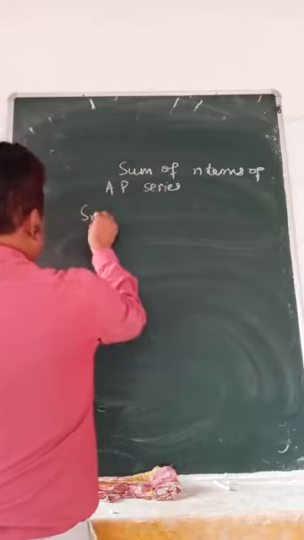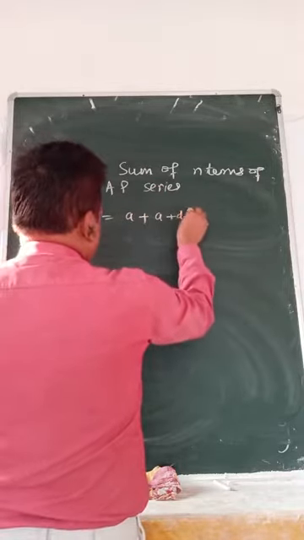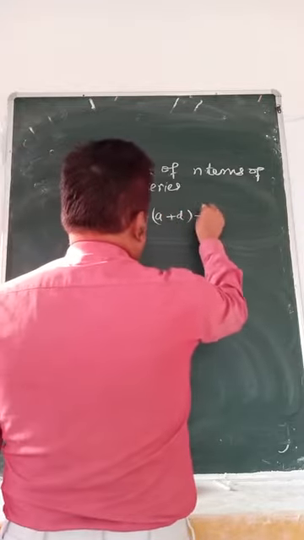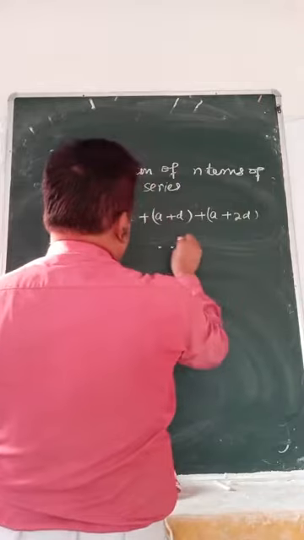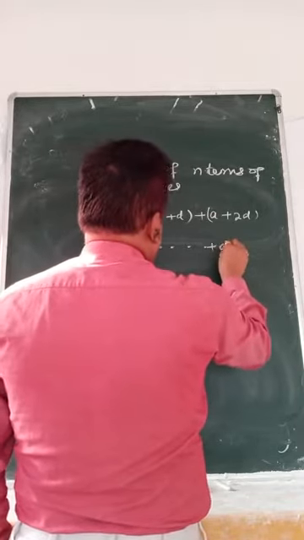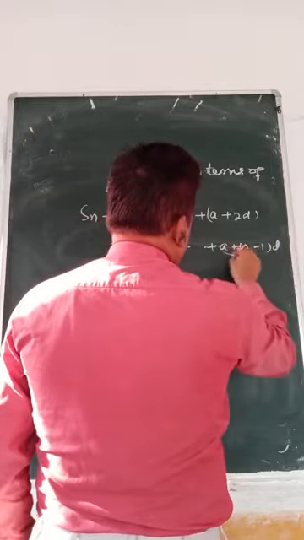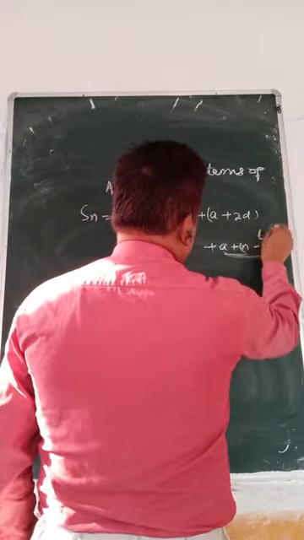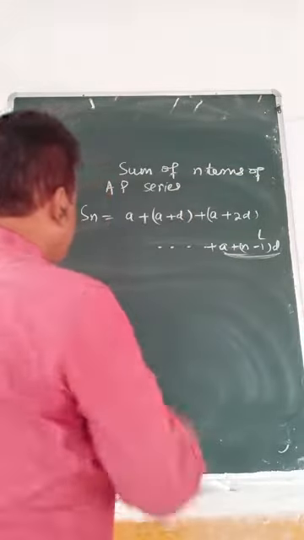So I say a, a plus d, a plus 2d, and the nth term means a plus n minus 1 into d. This is also called the last term, L. Okay, so it has two formulae.